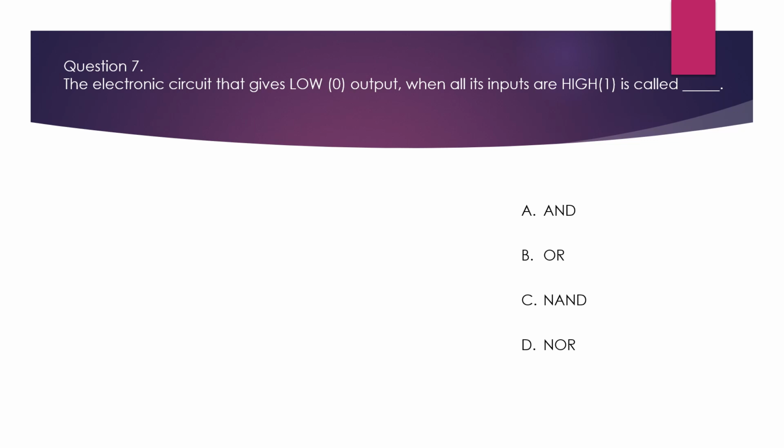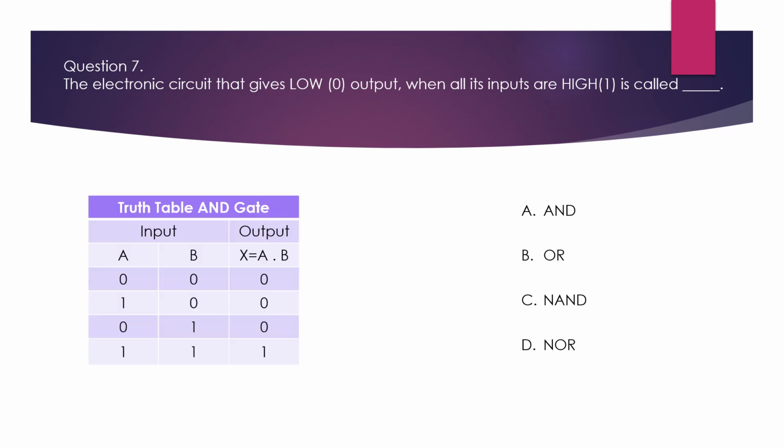Question 7. The electronic circuit that gives low output when all its inputs are high is called. Now, the truth table for the AND gate shows that it gives low output when any of the inputs is low, and it gives a high output when both the inputs are high.